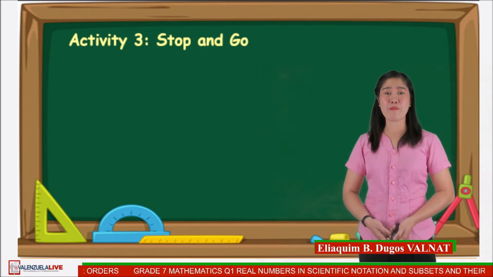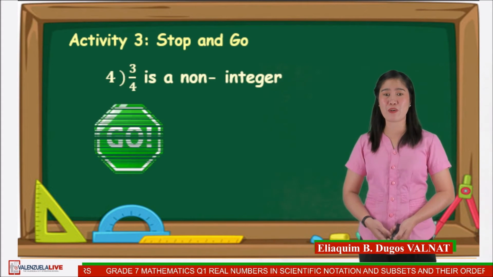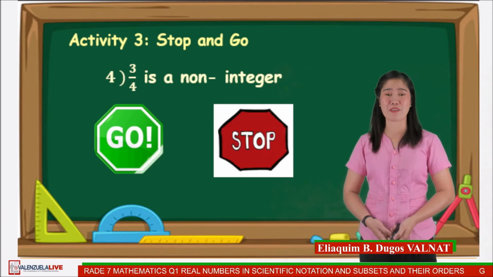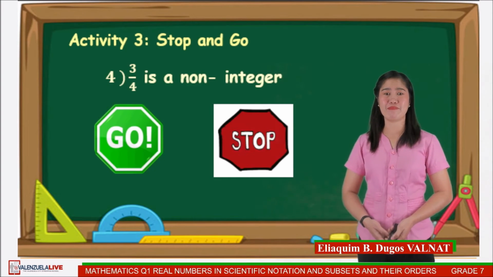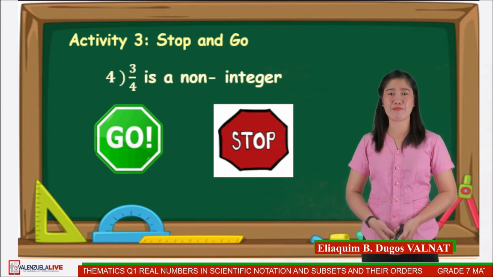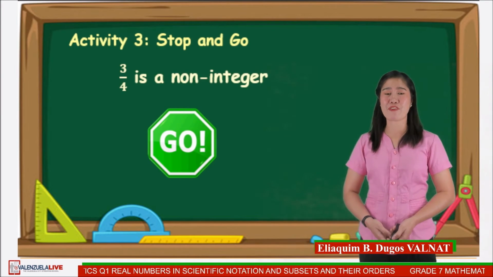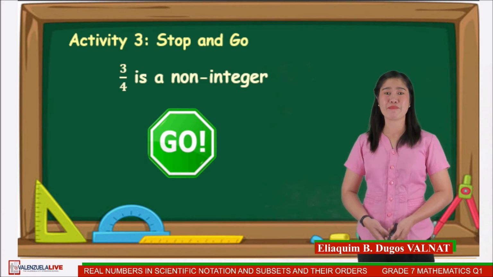Statement number 4: 3 over 4 is a non-integer. Is it go or stop? Go to the comment box and type your answer now. The answer is go. 3 over 4 is a non-integer. Very good, Grade 7.